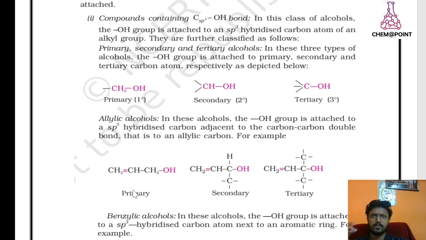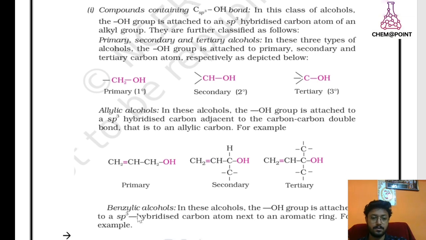Dear students, the carbon the OH group is attached to should be sp3, and the adjacent carbon must be sp2. That compound is known as an allylic alcohol, an allylic compound. Do you understand my point? It also has three types: primary, secondary and tertiary, depending upon the alkyl groups.